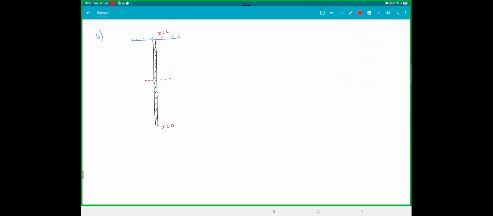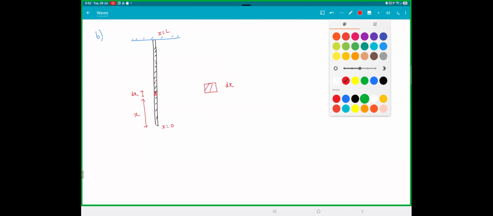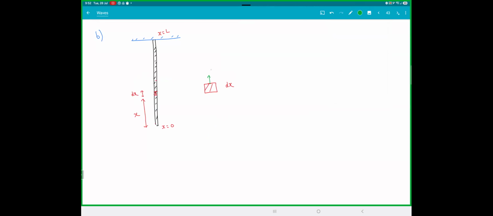So look at this. Somewhere here, at a distance x from the bottom, take a small slice dx. If you take this small slice dx, what are the forces acting on this? We have tension T plus dT, and we have tension T. So the tension will increase by a small amount dT because of this small guy, and the weight will be dm g.